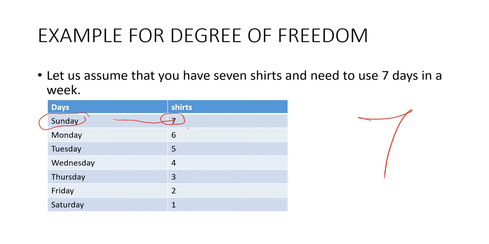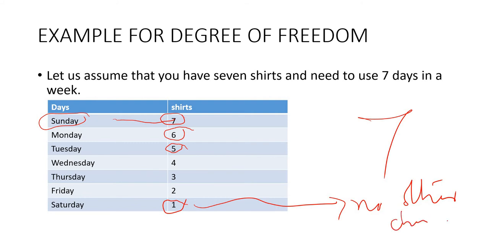But Monday it becomes 6. It's coming down. Tuesday it becomes 5. And Wednesday it again decreases, and finally Saturday you have no other choice. You have only 1 shirt.